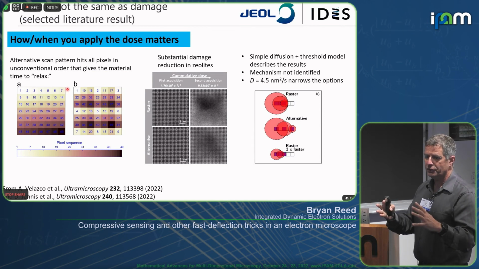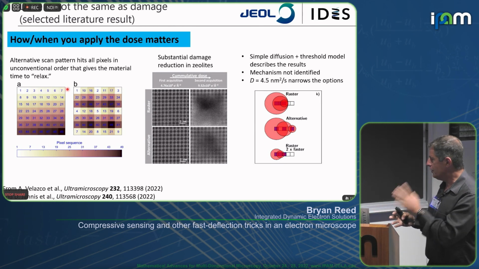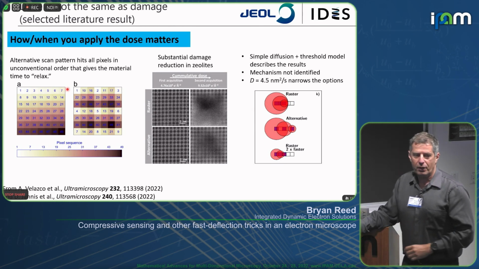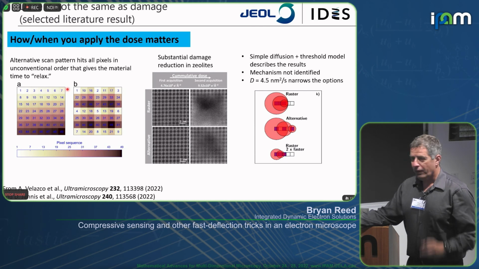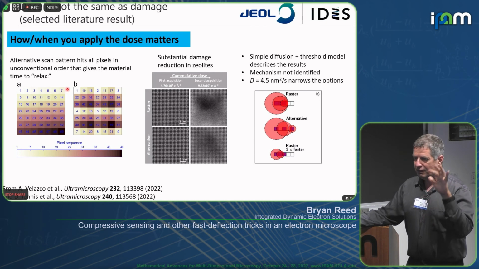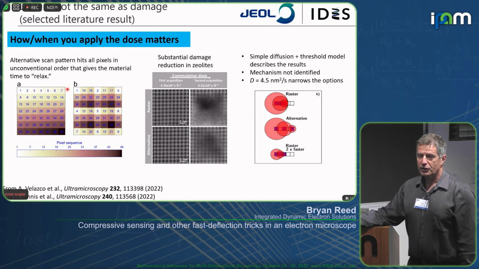Could be free radicals, could be heat, whatever. It depends on the time scale you're talking about. But on the time scale of a typical STEM scan, it's probably mobile radicals and charged atoms and things like ions. So you're depositing that stuff and they're diffusing, and there's going to be a nonlinear threshold effect where the damage is just much worse.